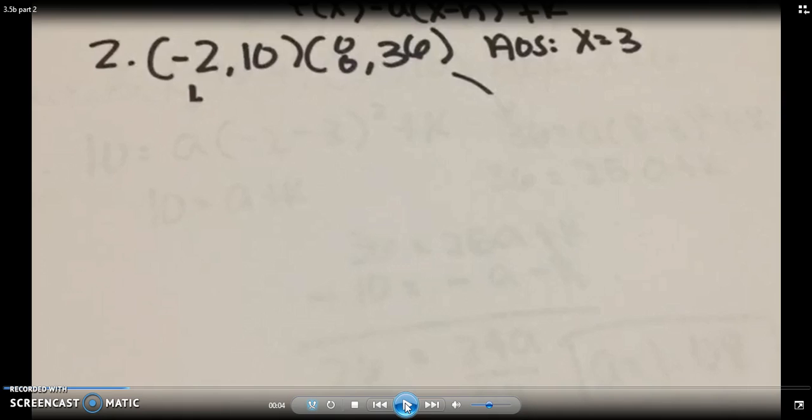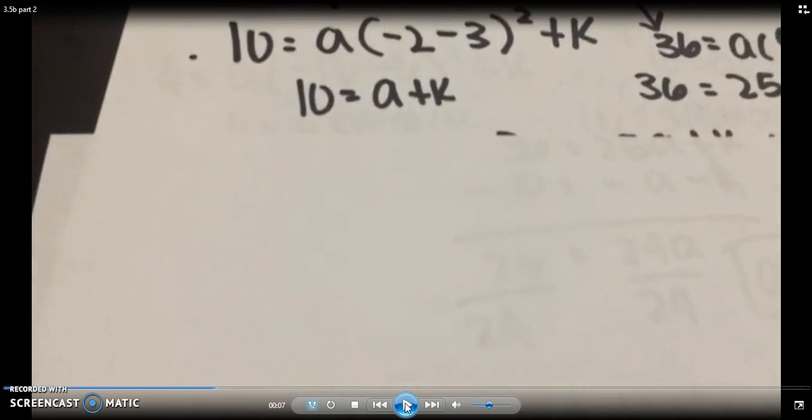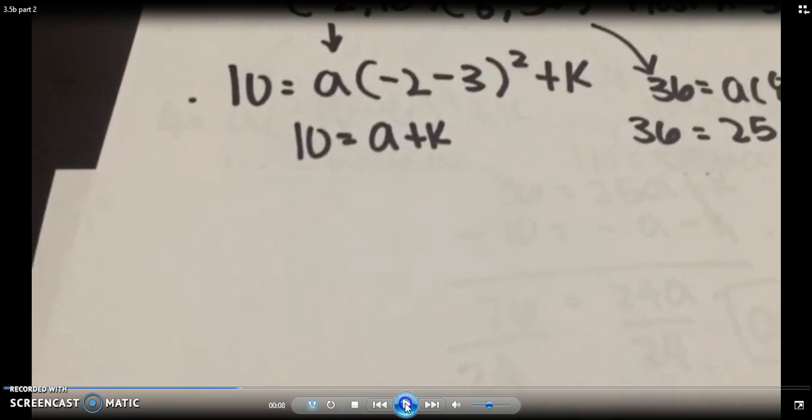So my first equation would be 10 equals a parentheses negative 2 minus 3. I got the 10 from my first set of points. The 10 is the y and the negative 2 is the x. And my 3 is my h, but it's going to be the opposite. And so it equals 10 equals 25a plus k.